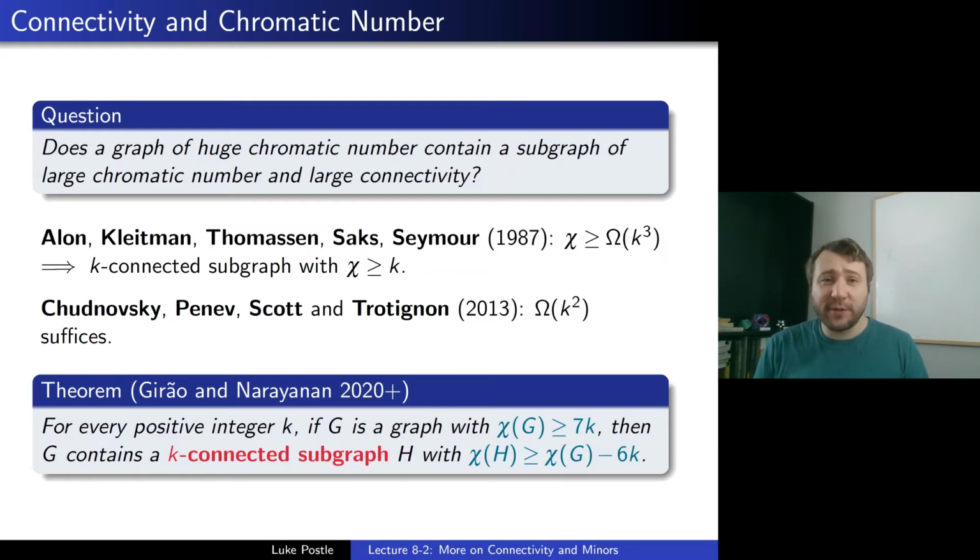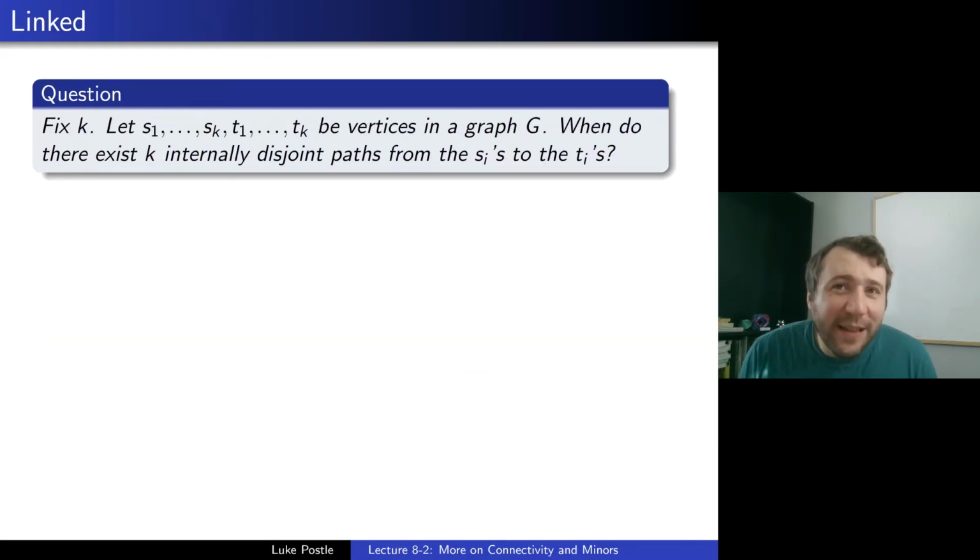And let's move on. So kind of going back to a question we saw last time with the graph minor structure theorem, it goes more like this. Now this is a little more structural, we asked about the disjoint paths problem. So fix k and let s_1 to s_k, t_1 to t_k be vertices in a graph. When do there exist k internally disjoint paths? Well, let me go for something stronger.